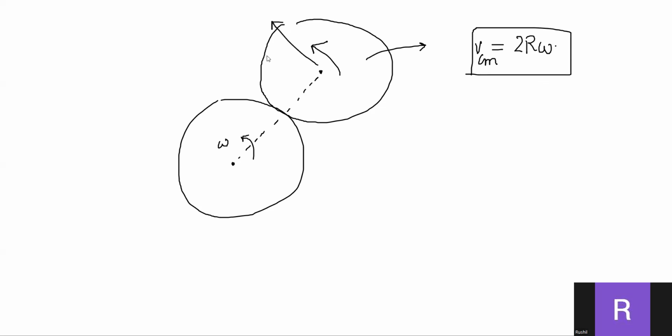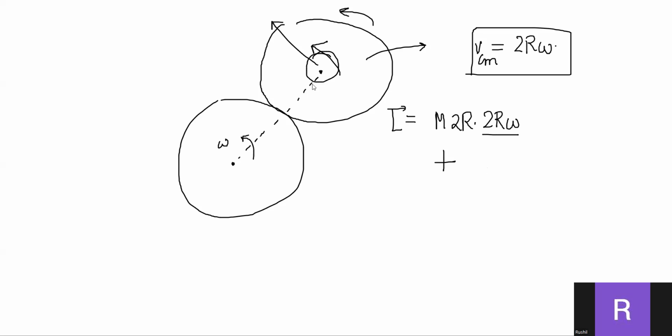Because it is moving and it is pure rolling, it is rotating also and moving also. Let's do it in two parts then. L is simply m r cross v. So m times 2r into 2r omega, plus about its own center of mass.